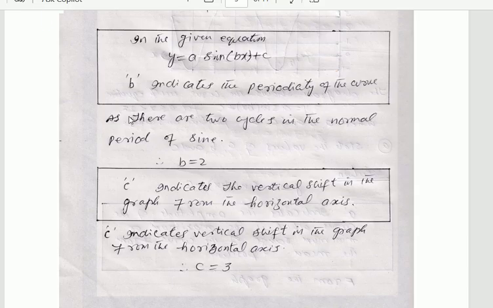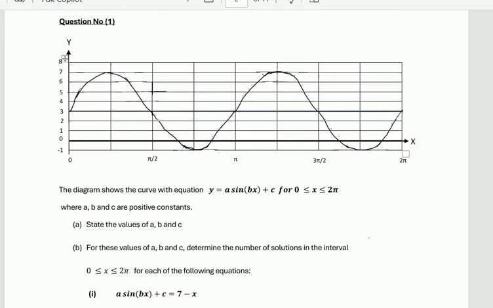Now I explain what a cycle is. As you can see in the graph of our question, our graph starts at x = 0 and one cycle is completed at x = π, because at x = π our graph again starts from the initial position as it did at x = 0.